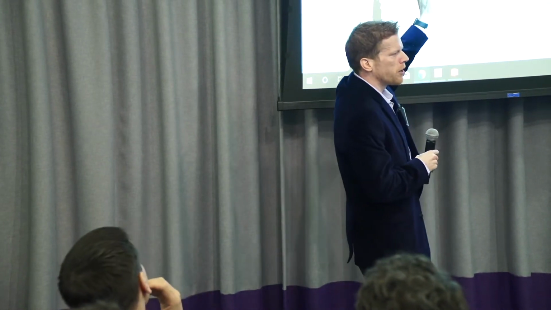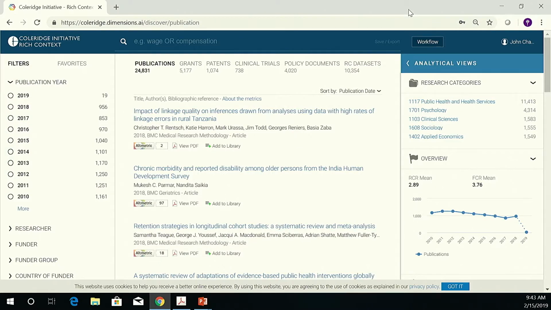Likewise for patents, we have about 1,000 patents in this particular slice of the data, 738 clinical trials, and actually, maybe really interestingly for this audience, 4,000 policy documents. It's actually quite a bit more than I'd anticipated finding in this relatively small data set. And again, we don't have direct connections to any of these, but we can infer the relationships based on the fact that they're tied into the publications. So let's take a look at a publication.